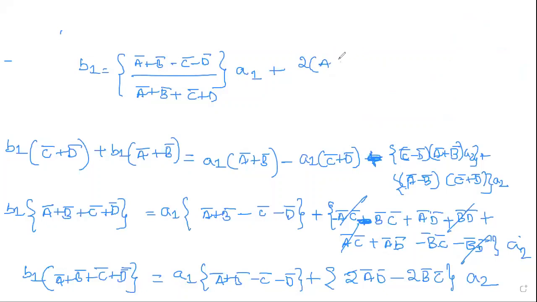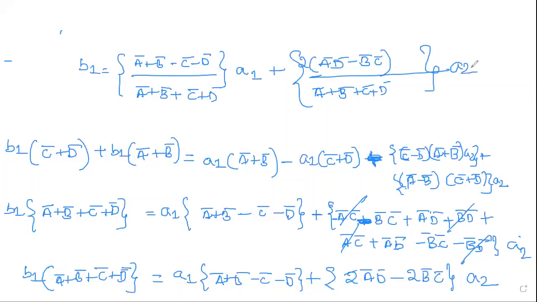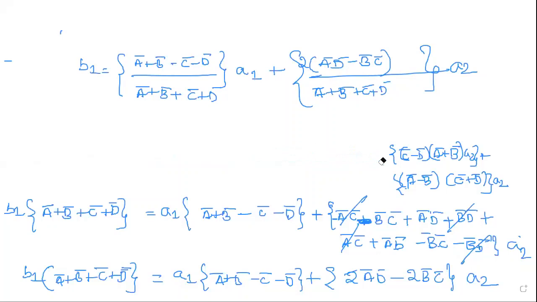So A bar D bar minus B bar C bar divided by A bar plus B bar plus C bar plus D bar into, this is A2. Now whether this equation is in the form of S parameter equation? Yes or not?